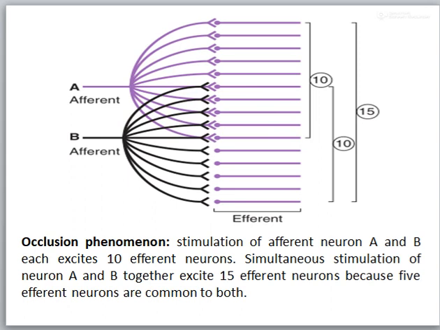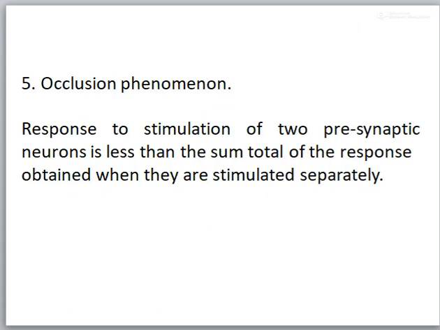It means if two afferent neurons are stimulated separately, then they will excite more efferent neurons. If two afferent neurons are stimulated simultaneously, then they will excite fewer efferent neurons. These properties of synapse are important, and they can be asked in a long question or in viva.